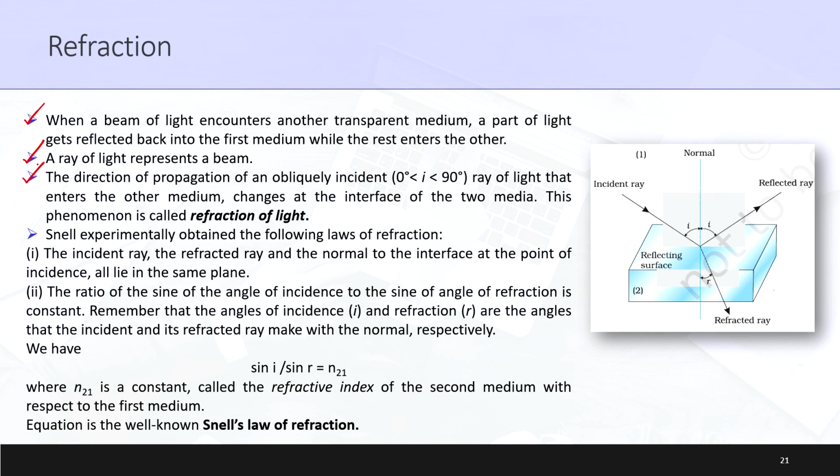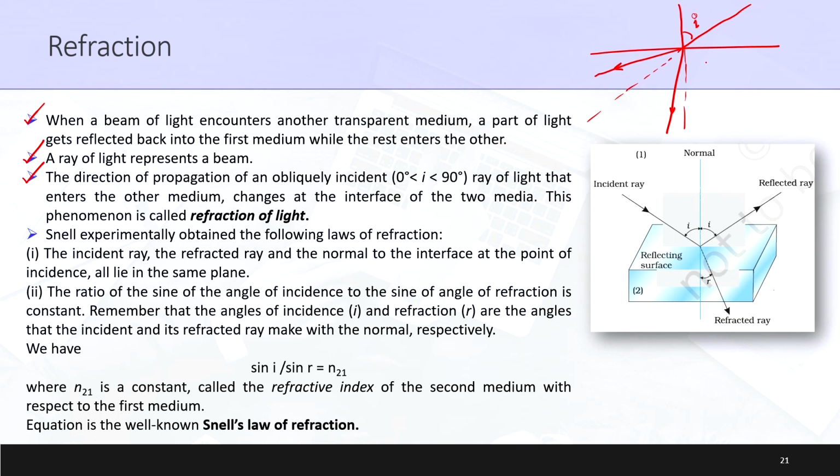Let us suppose this is the interface of the two media, and this is the angle of incidence of light with respect to the normal. As the light passes from one medium to another, it bends either towards the normal or away from the normal. This is its original path, but it does not follow it beyond this point.